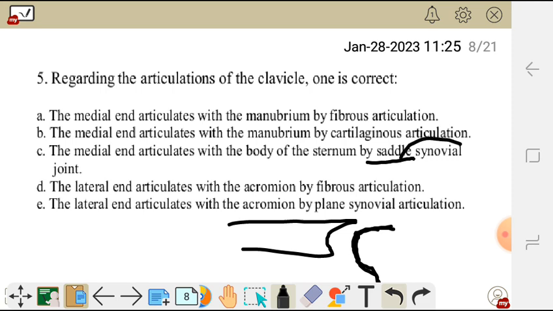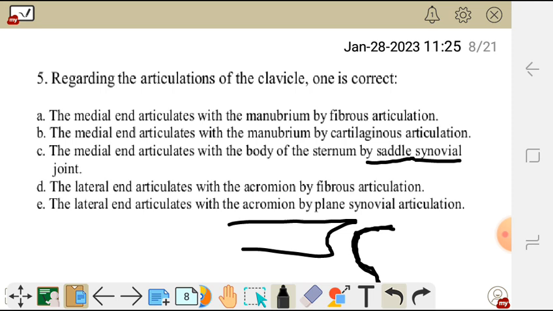It is synovial because it has synovial fluid and it is a movable joint. Synovial joints are fully movable. So the correct answer for question 5 is C.